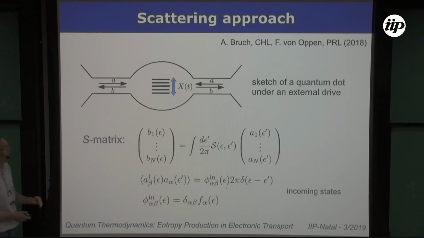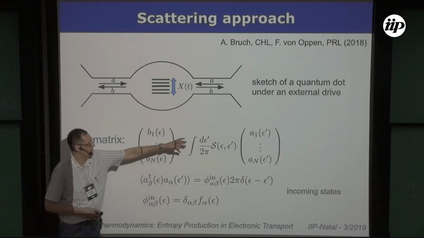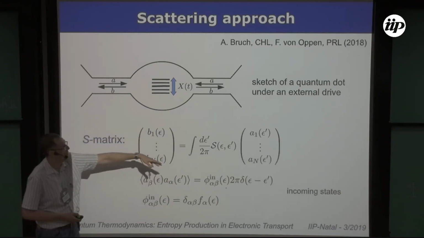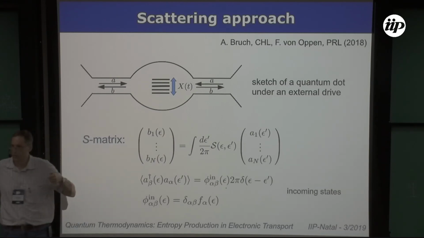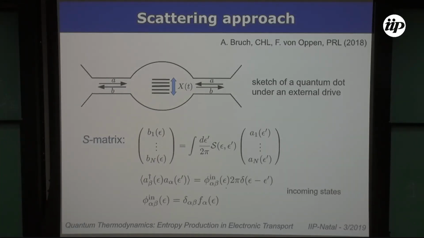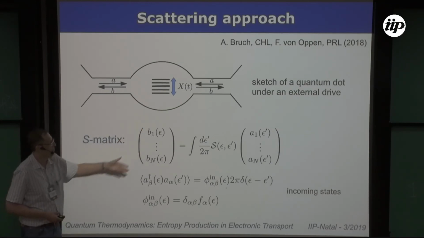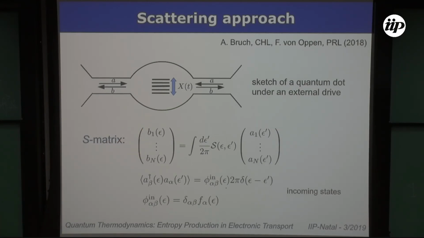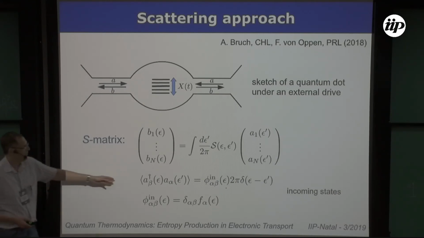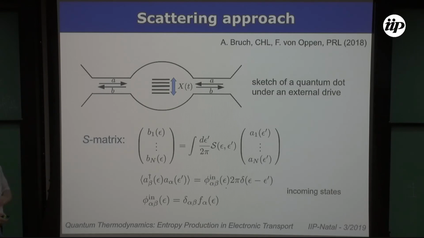Basically the idea is that you have incoming amplitudes where the electrons enter the system equilibrated with a corresponding reservoir, and then they are scattered through the internal region, and they come out with some other amplitudes. So you have incoming states, which are basically Fermi distributions, and you have outgoing states, which are off diagonal. And then you have all sorts of correlations.